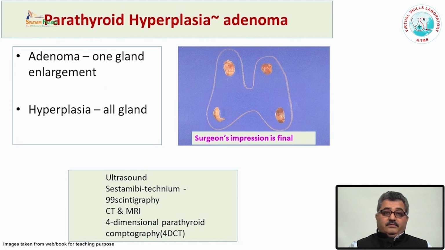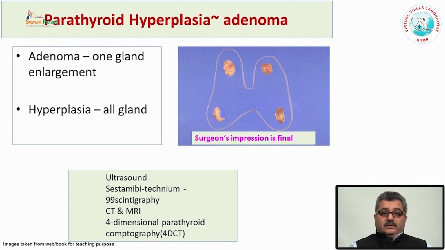Most of the surgeons previously used to take a biopsy from the other glands also, besides the enlarged gland. So during surgery, they used to send a frozen section, which may reveal the hyperplasia of the other gland. If they are normal, or the surgeons feel that the other glands are normal and only one is enlarged, that is the most important point to differentiate between the hyperplasia and adenoma.